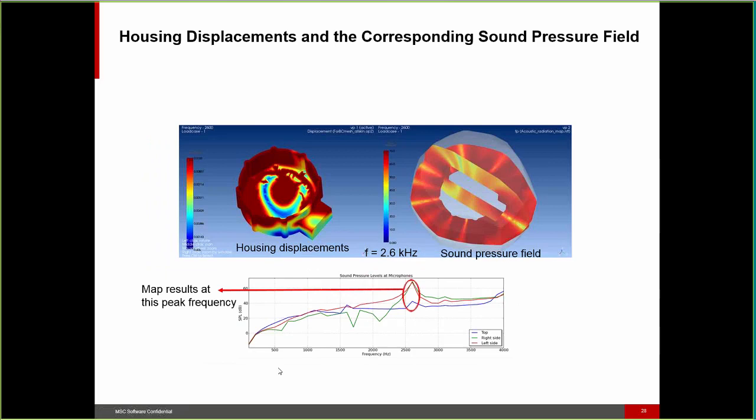Another way to view the results is by plotting the structural displacement alongside the sound pressure field. So in this illustration, I'm showing the housing displacement on the left-hand side and the pressure field on the right-hand side at the maximum peak of 2.6 kilohertz.